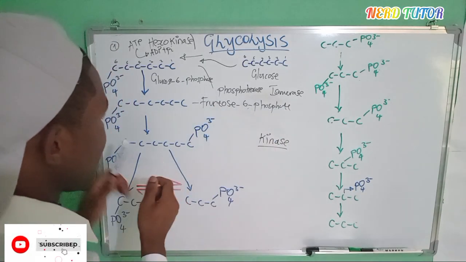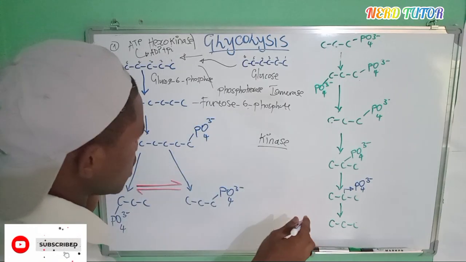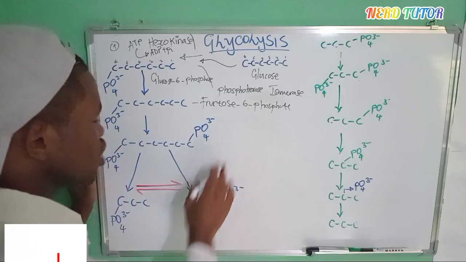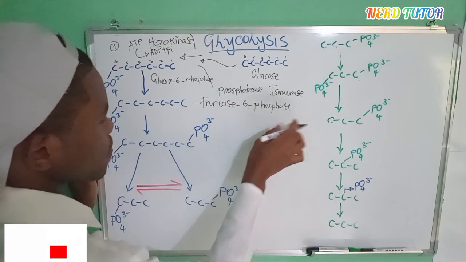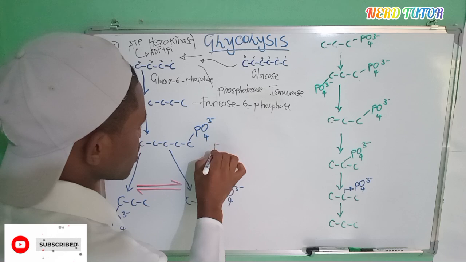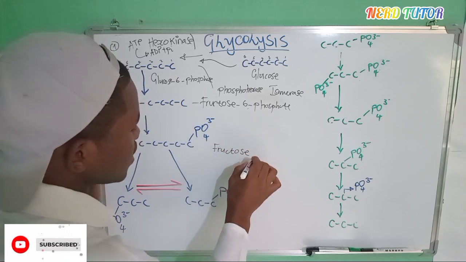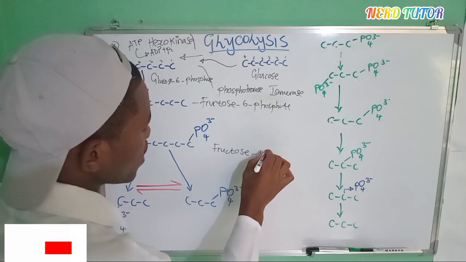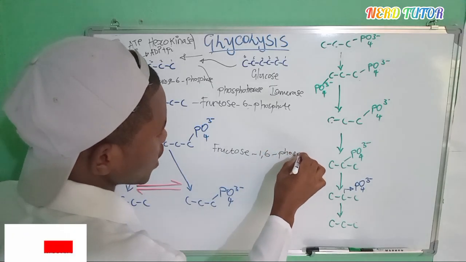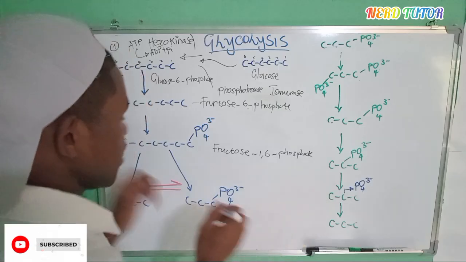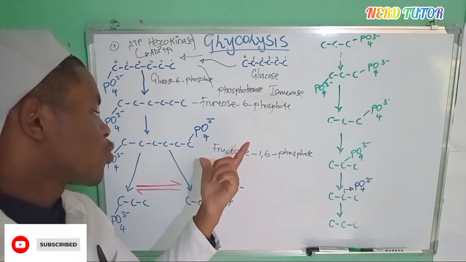If we add a phosphate at carbon number 1, even the name will change. Instead of saying fructose 6 phosphate, we're going to say fructose 1,6 phosphate. Nothing much has changed here, just that we have added a phosphate group at carbon number 1.